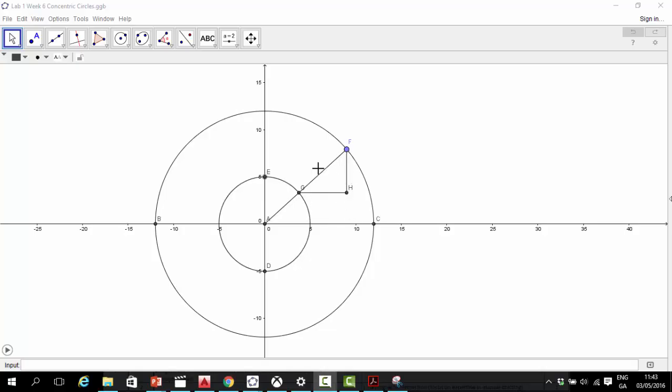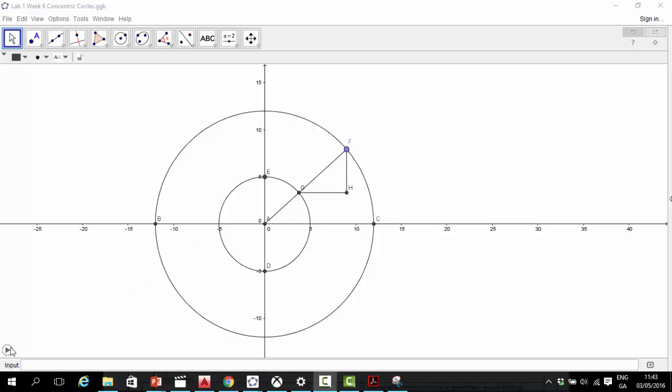As the point H moves around, the point F here will also move, and the point G. The point F moves around the major auxiliary circle, and the point G will move around the minor auxiliary circle. And the distance from G to H and F to H, the sum of those two will never change. So as G increases, F will decrease, and so on.